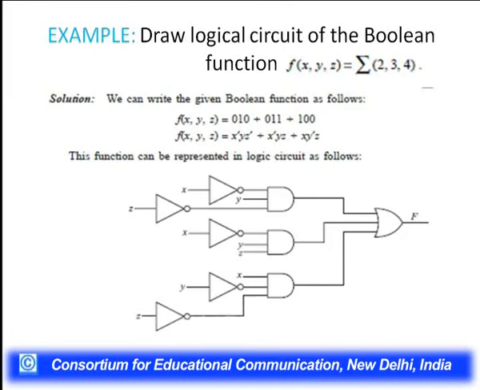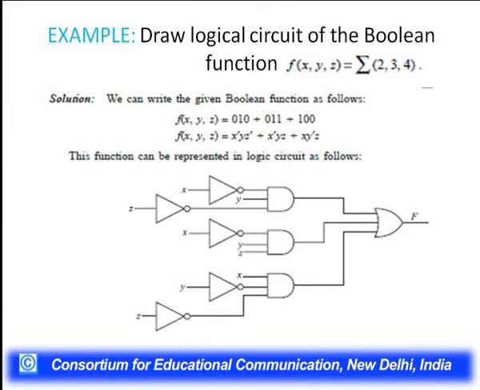Now consider another example. Draw the logic circuit of the Boolean function f(x, y, z) equal to summation 2, 3, 4. First convert the given function into an equation. So 2 can be written as 010, 3 can be written as 011, 4 can be written as 100. So f(x, y, z) equals x' y z' plus x' y z plus x y' z'. Again there are three terms.